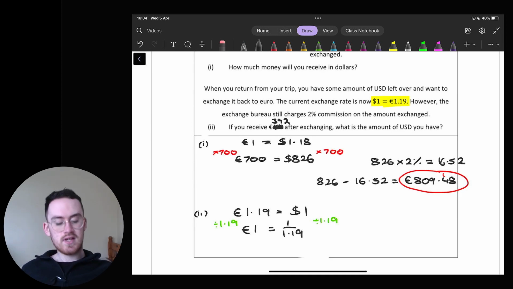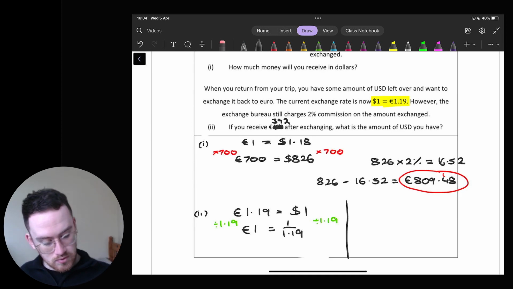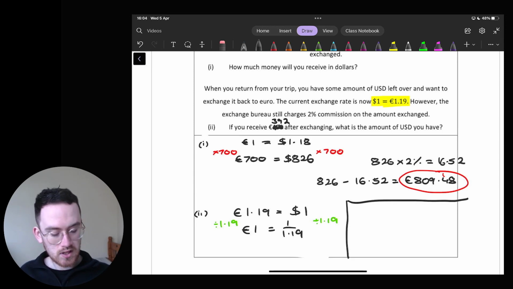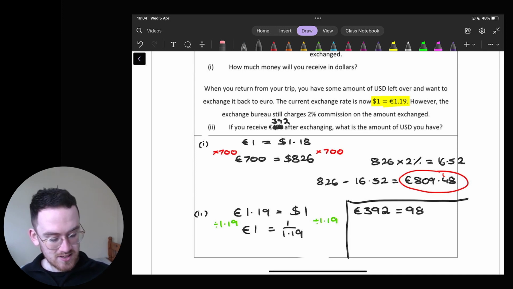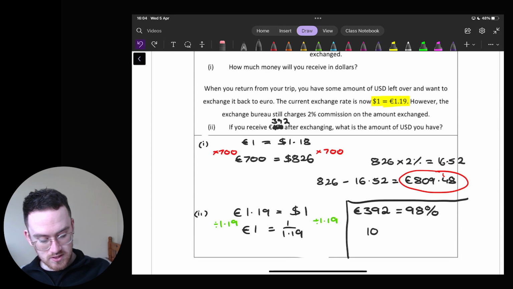This is where we need to do some pre-work. €392 is what I have, but that represents the money I got after they took my commission off. So that's actually 98% of what I started with. To find 100%, I'm going to have to divide both sides by 98 first to find 1%.